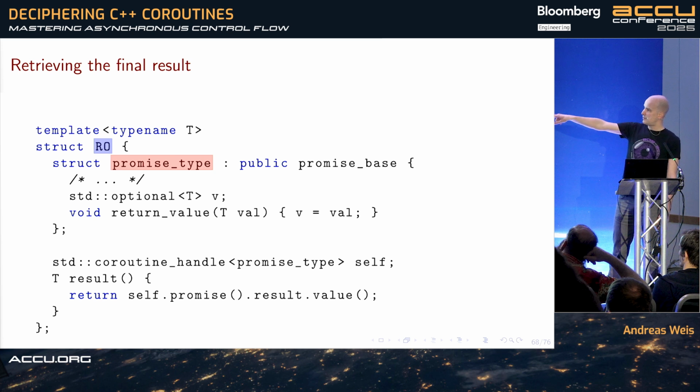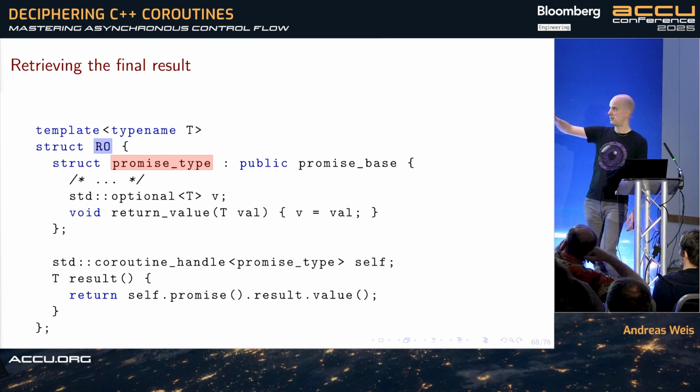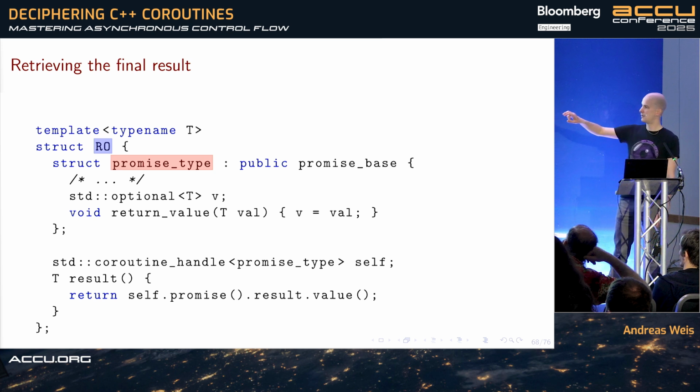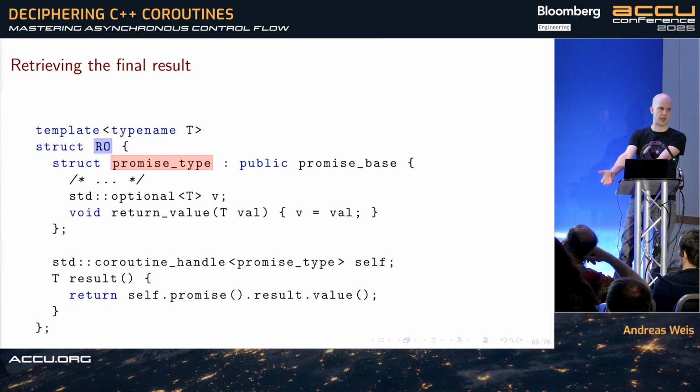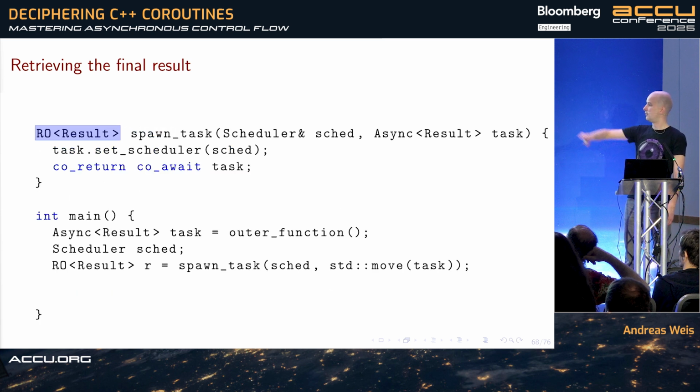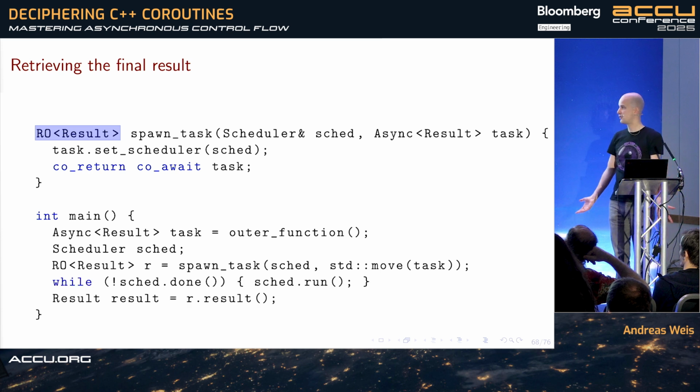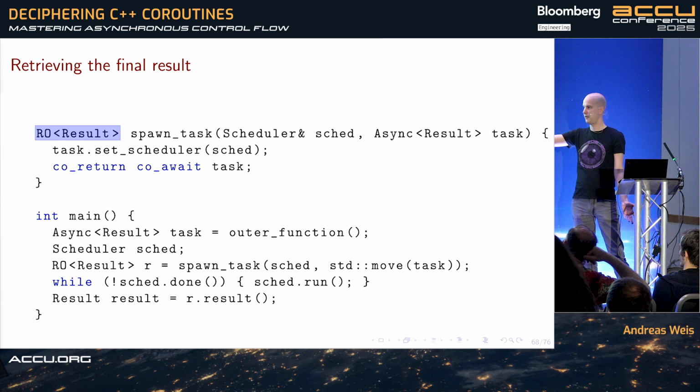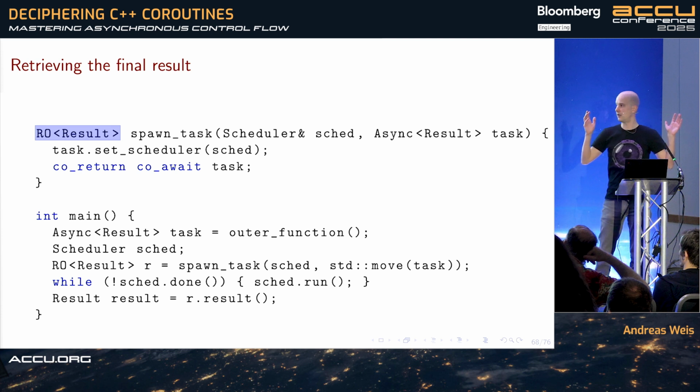And now we add a member function on the return object interface, which just returns that result back out. So the main function now gets this return object, and it just calls result. That's how you get the data out.